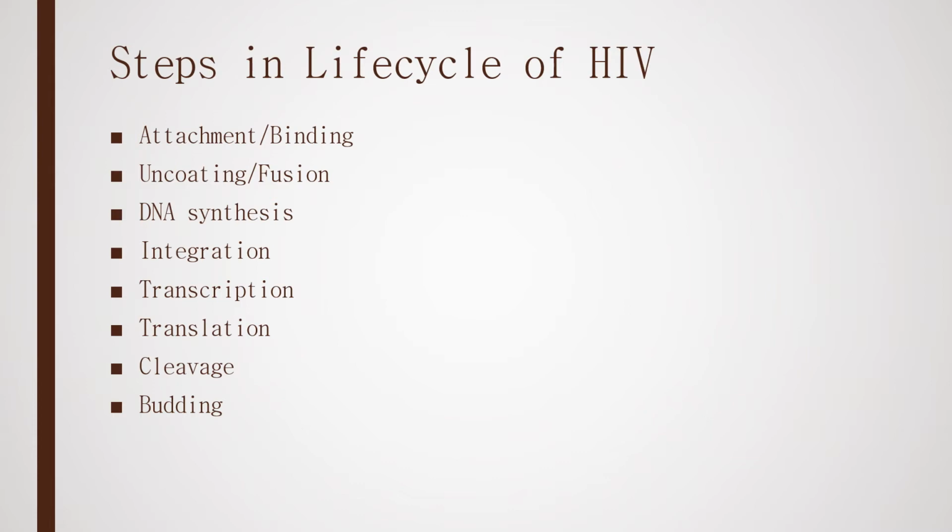So at DNA synthesis, HIV changes its genetic material from RNA to DNA through the action of reverse transcriptase, which results in double-stranded DNA that carries instructions for viral replication. That means that's how they synthesize themselves and replicate.